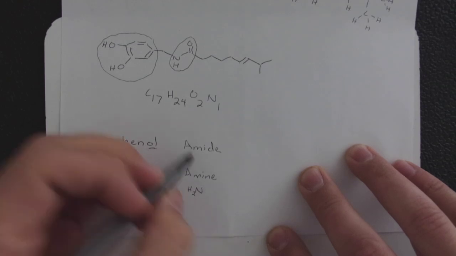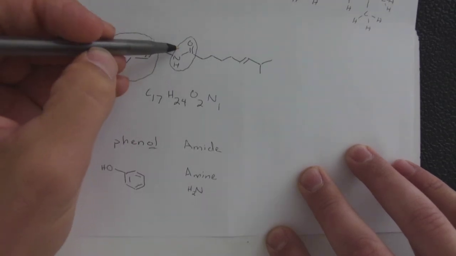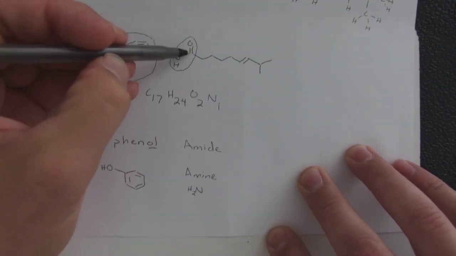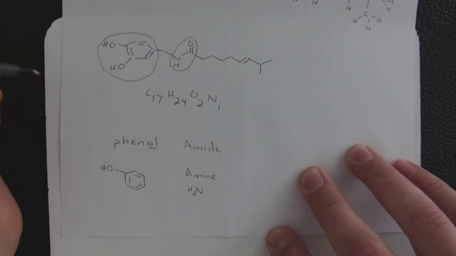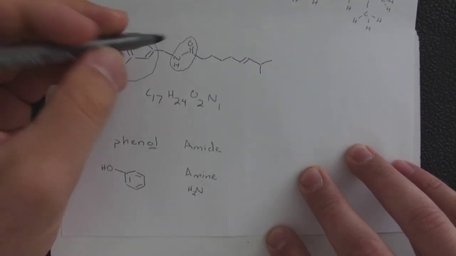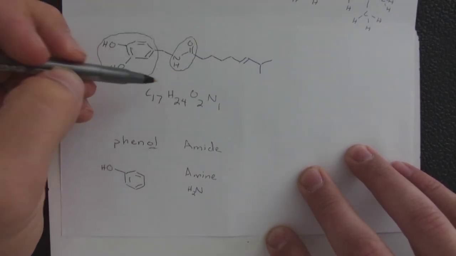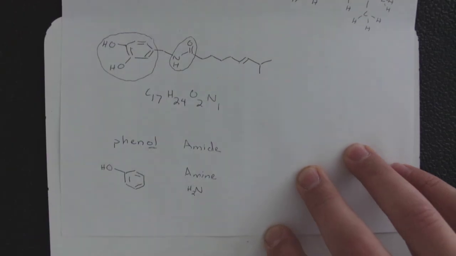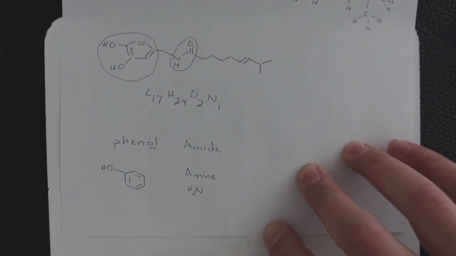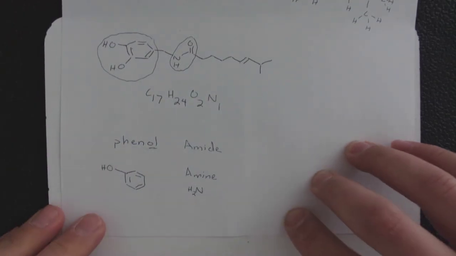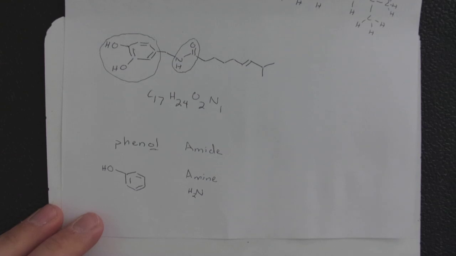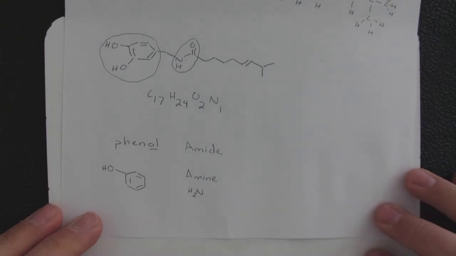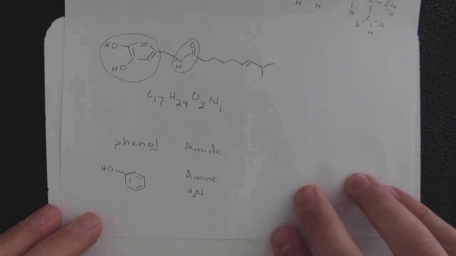An amide is what we have up here, where we have a nitrogen attached to a carbon that's double bonded to an oxygen, okay? This is a really important functional group, especially within biochemistry, where we have lots of nitrogens attached to our carbon double bonds. That is a peptide bond oftentimes, okay?